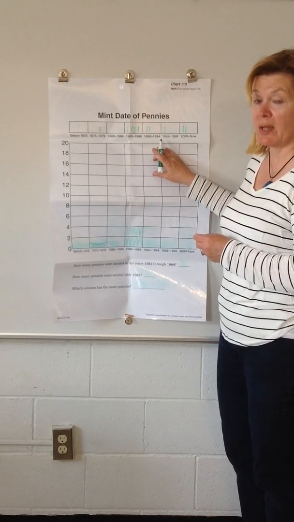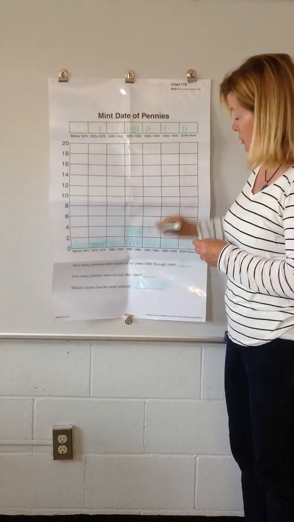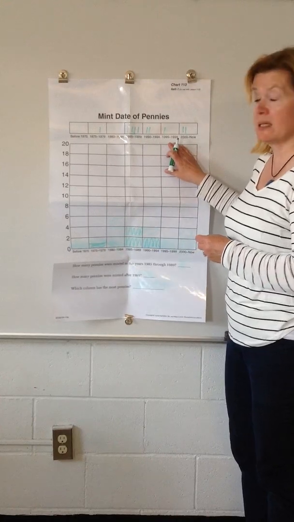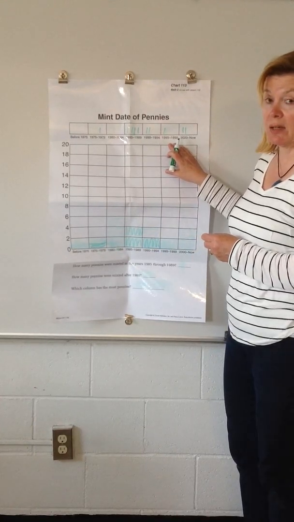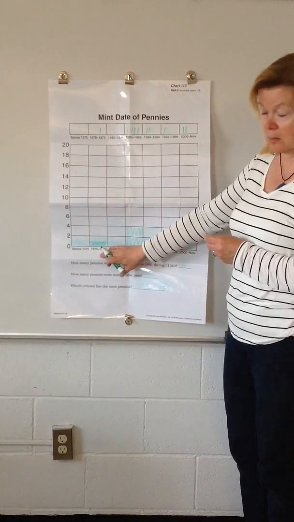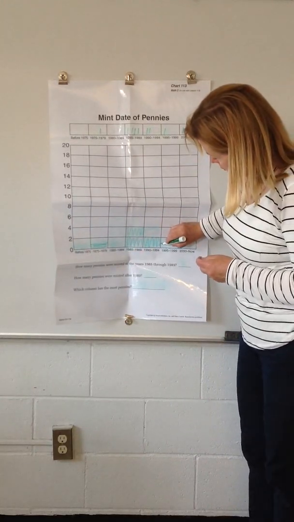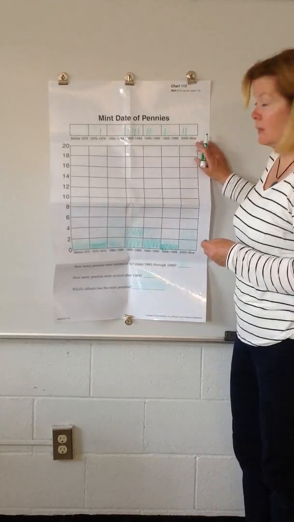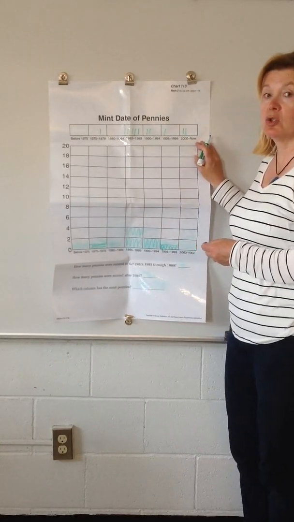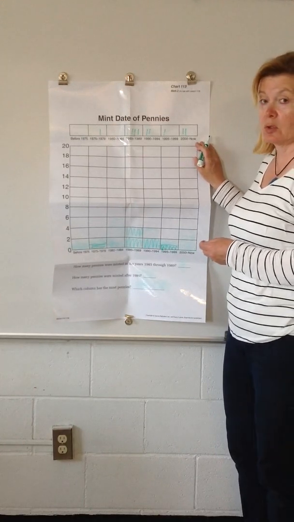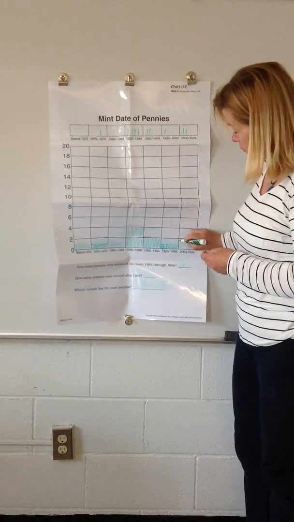So I'm going to color in that 1 space since we're counting by 2s. 1995 to 1999, I have 1 penny. So I need to do what I did over here. And in 2000 to 2020, I have 2 pennies. So I'm going to color in 1 space.